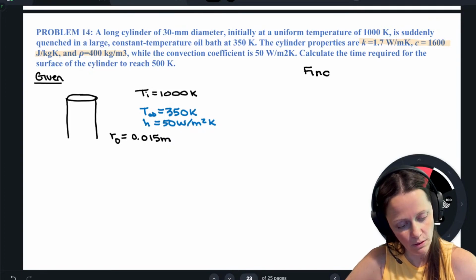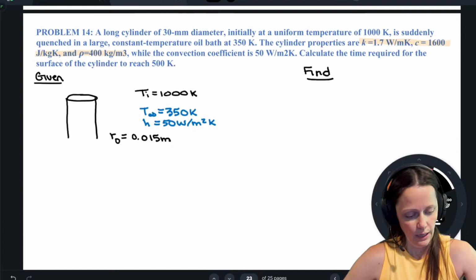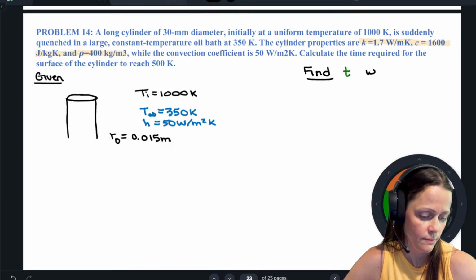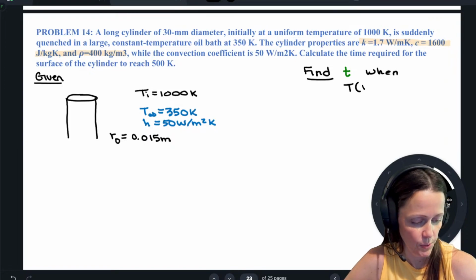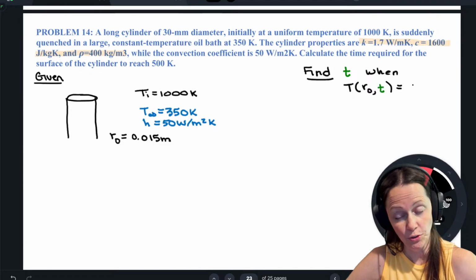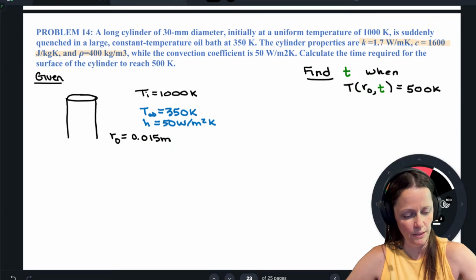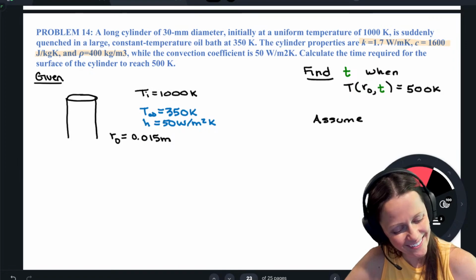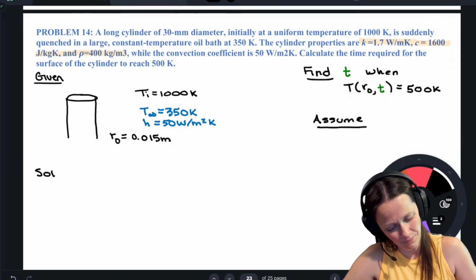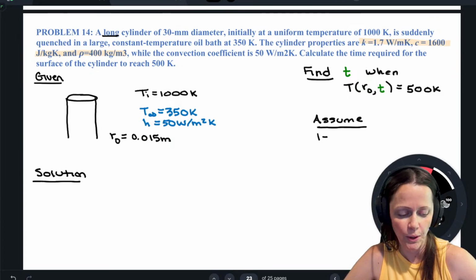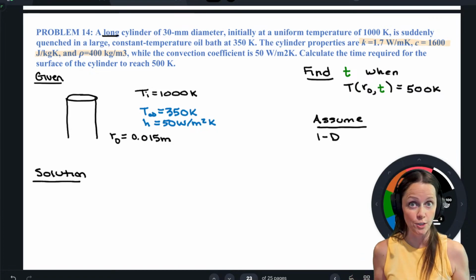So we want the time when the surface, so at R naught and some particular time, is equal to 500 Kelvin. All righty. And I'll throw an assumption on here. They do say that it is a long cylinder, so I'm going to go ahead and note that it's one-dimensional heat transfer.